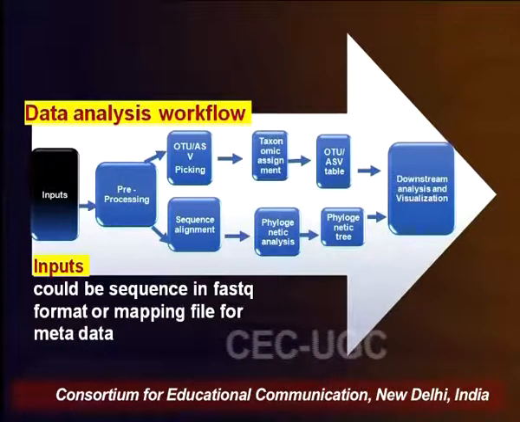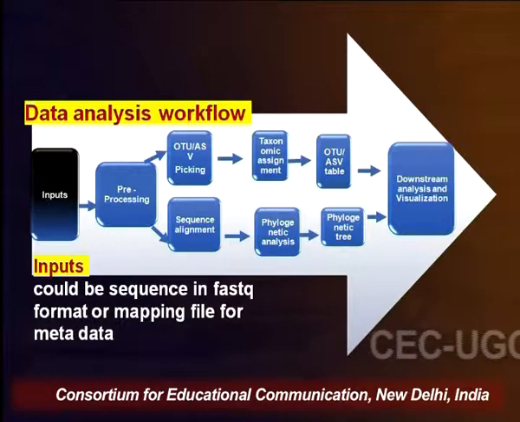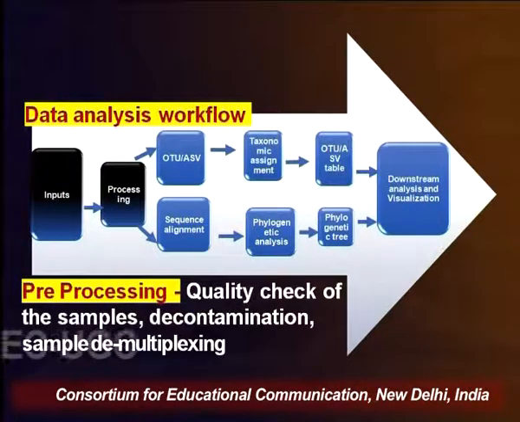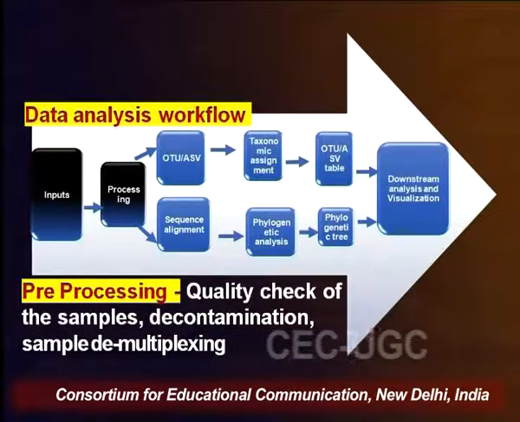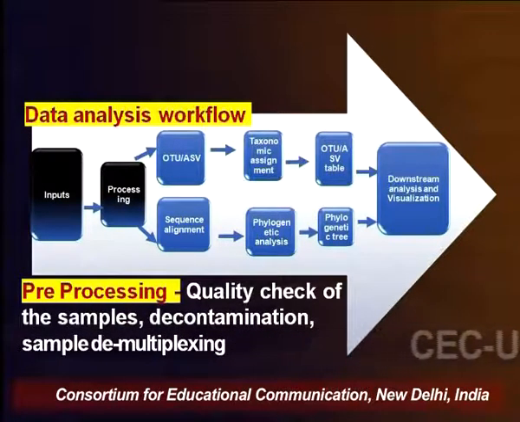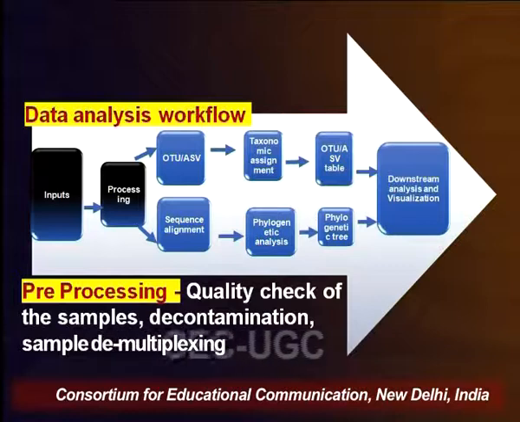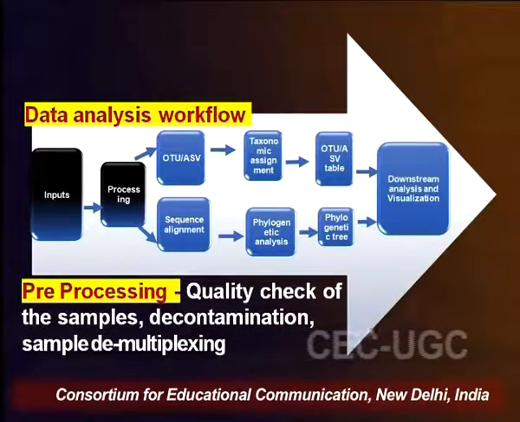So once the sequence is input, it's a huge task to pre-process these sequences, meaning we must know that these sequences are of good quality, there is no contamination in these sequences, and we need to have a few other features like multiplexing.